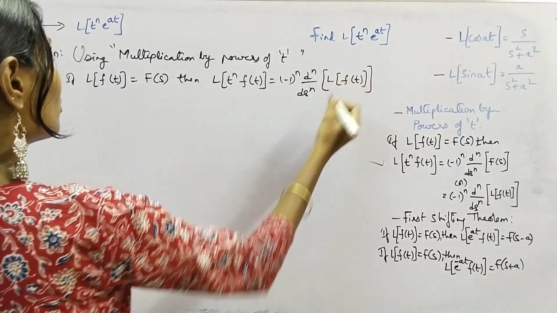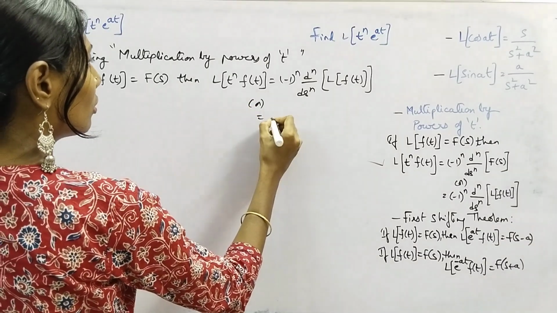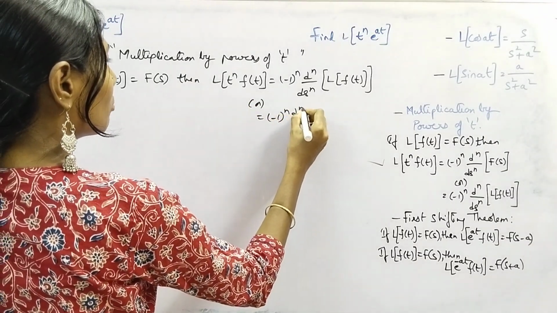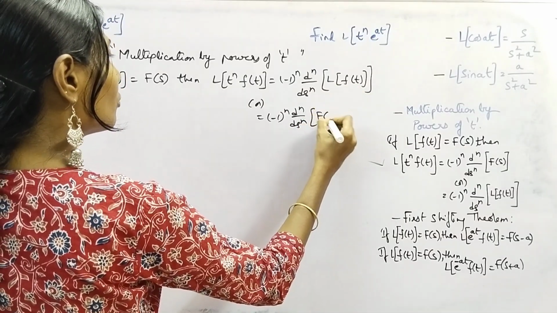Or we can say this as minus 1 power n into d power n by ds power n of F of s.